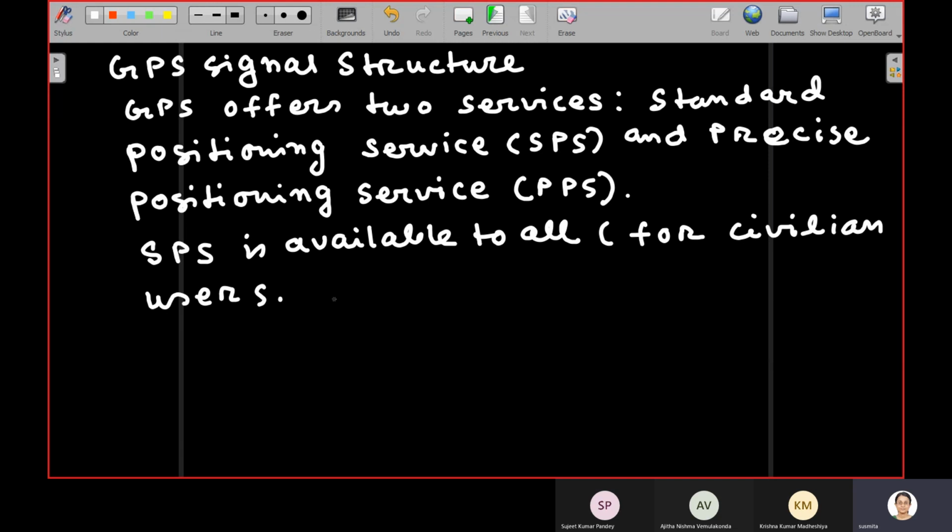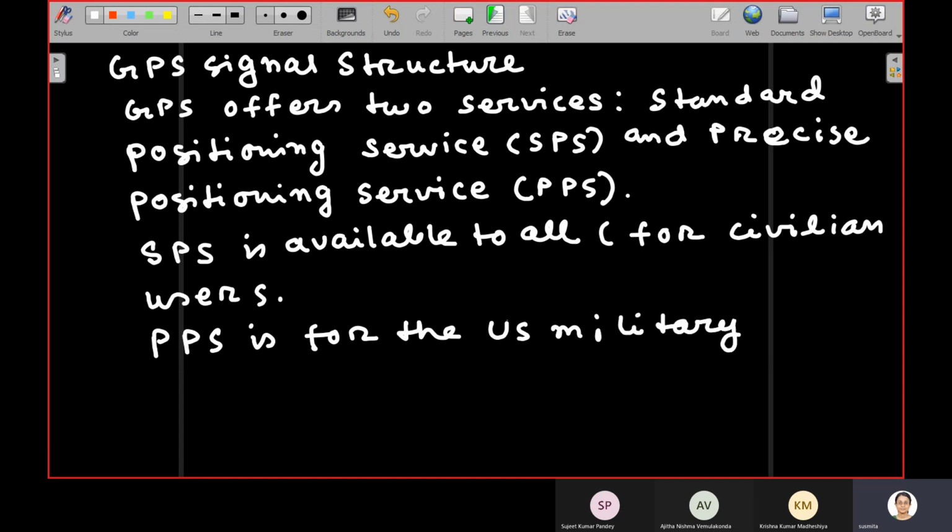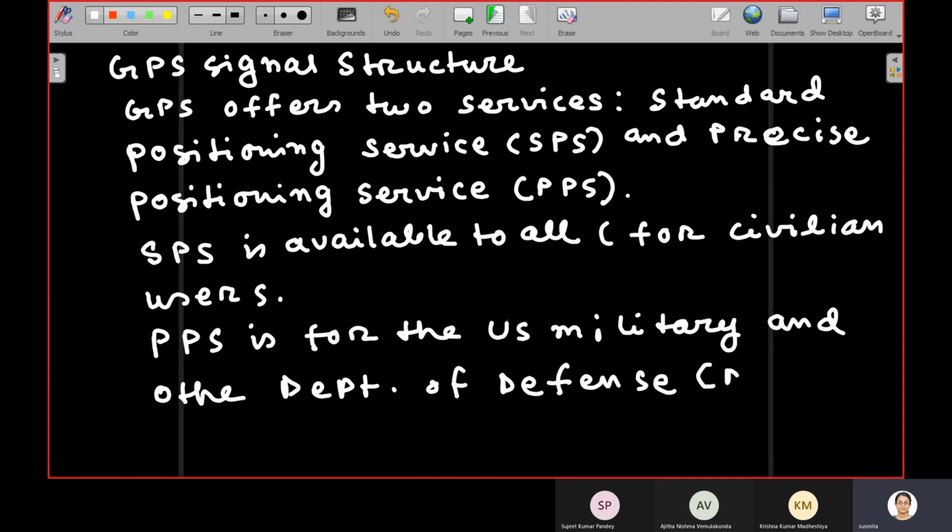Then PPS is for the US military and other Department of Defense, DOD, authorized users.